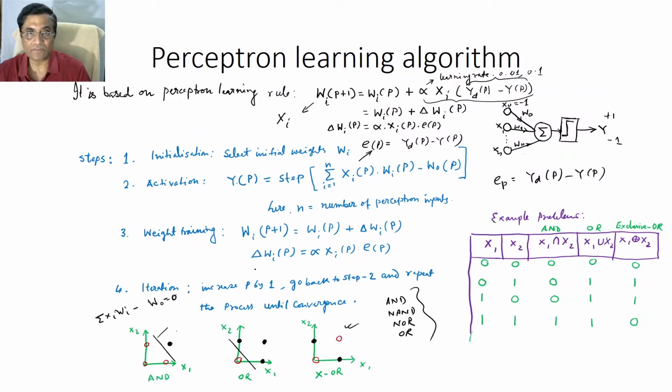This entire process is called training. It is called the delta learning rule, and this is the perceptron training algorithm. And when the error becomes 0, then you can infer that training is over.